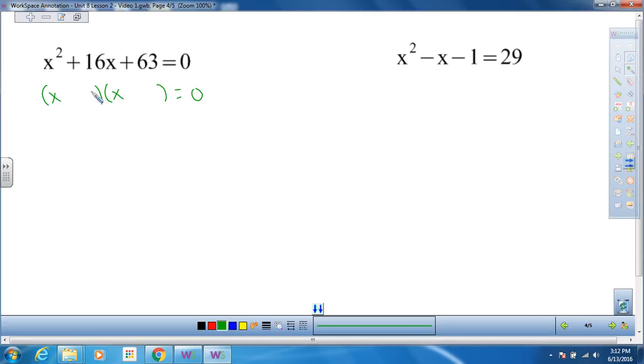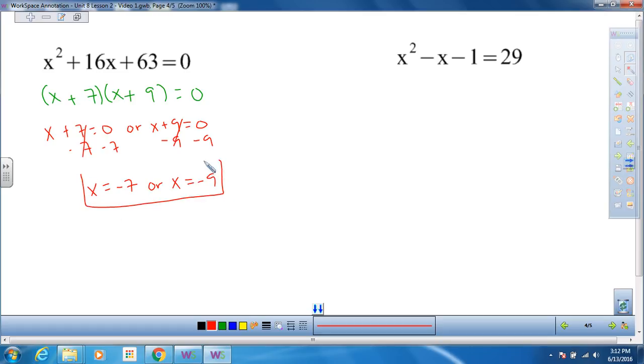Okay, so you should get 7 and 9, both positive. So it's factored, and then set each piece equal to 0 and solve. And there's your 2 solutions, -7 and -9.